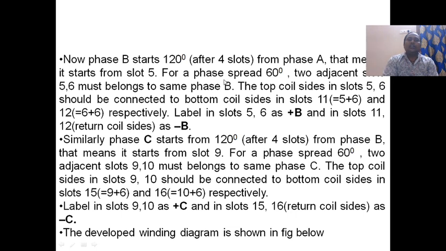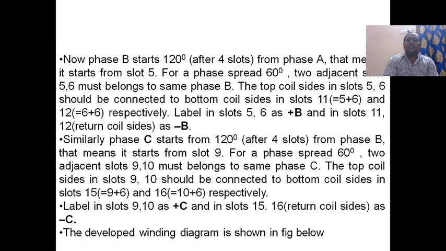For a phase spread of 60 degrees, the two adjacent slots 5, 6 must belong to the same phase B. The top coil sides in slots 5, 6 should be connected to bottom coil sides in slots 11 and 12.